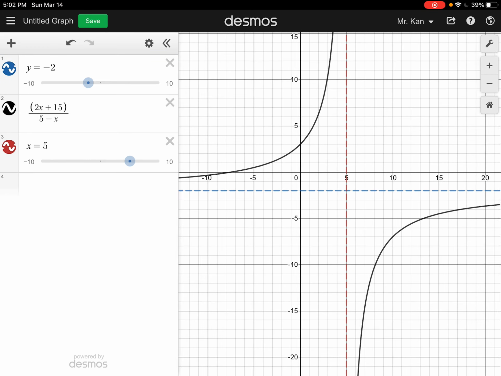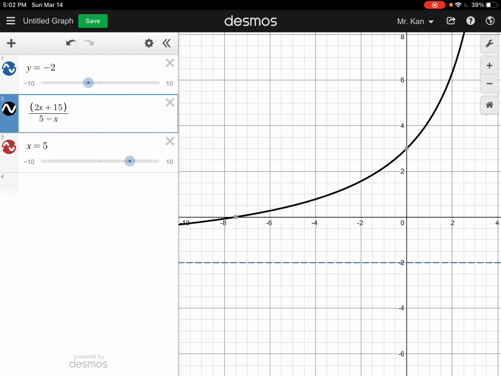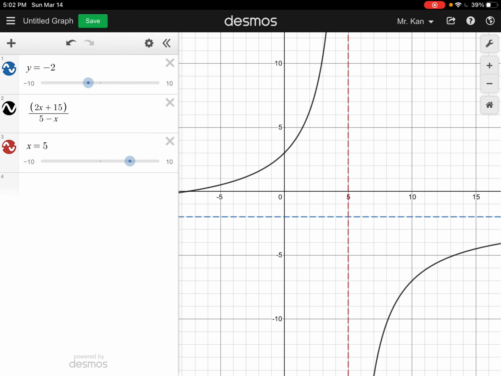We want to be able to identify the intercepts as well: there's a y-intercept and an x-intercept. And the domain of the function is going to reflect that this vertical asymptote is in place. The domain is not going to reflect the horizontal asymptote though, okay?